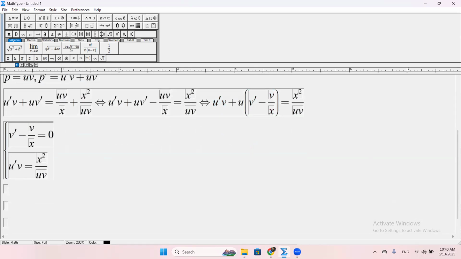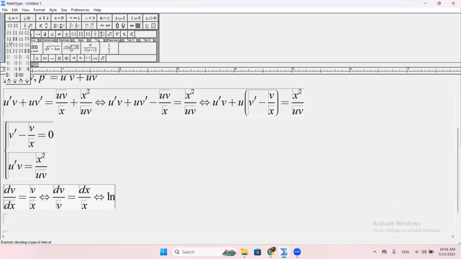So now finding v. dv by dx equals v over x. Then dv by v equals dx by x. So the logarithm of v equals the logarithm of module x, and then we can write down that v equals x.